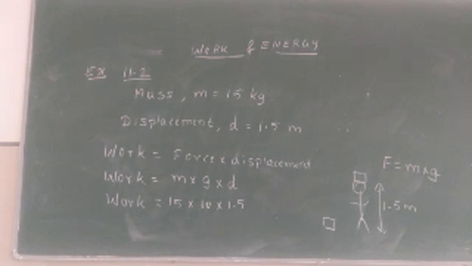All three values are in front of you. Mass is 15 kg, displacement is 1.5 meter, and for the time being consider gravity as 10 meter per second square. So what is the work done value?